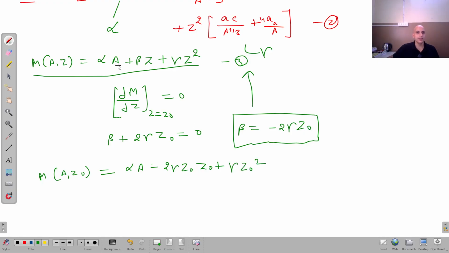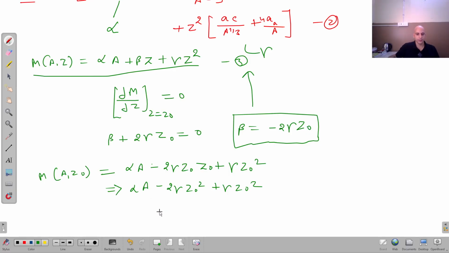What I did, I replaced Z by Z naught and put the value of beta. So what you will get? It will become minus 2 gamma Z naught square plus gamma Z naught square, into alpha A.